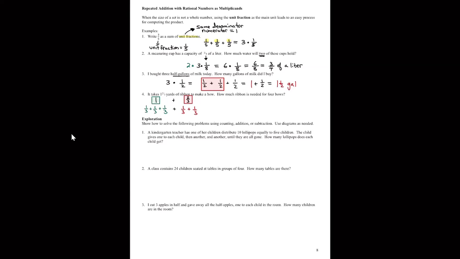So this is the sum of unit fractions. So I want to just do this 4 times over. And you look at it and say, well, that's going to get a little out of hand. Well, not really, because what I'd be looking at is how many of these I actually have. I have 1, 2, 3, 4, 5 of these 1/3.